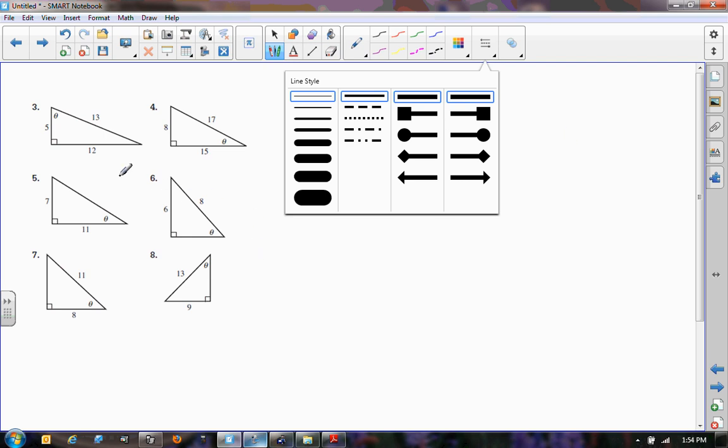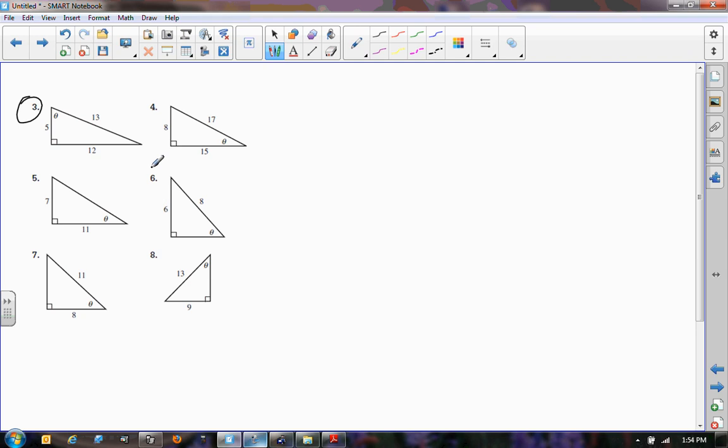So for 3 and 6, those are the only 2 we're doing off this page, because it's every third one. So it's multiples of 3. You've got to find all 6 ratios. So let's look at 3. Again, you need to start out with sine of theta, OH, cosine of theta, AH, tangent of theta, OA, cotangent.